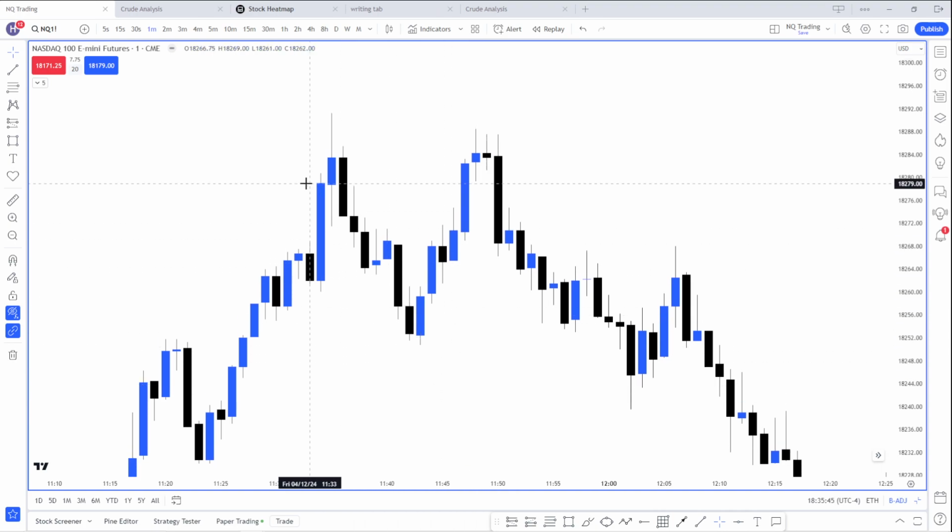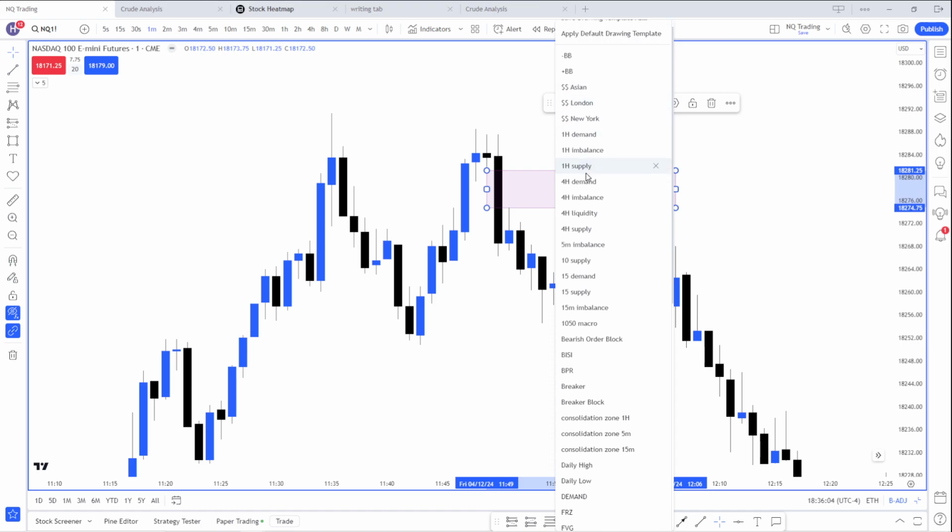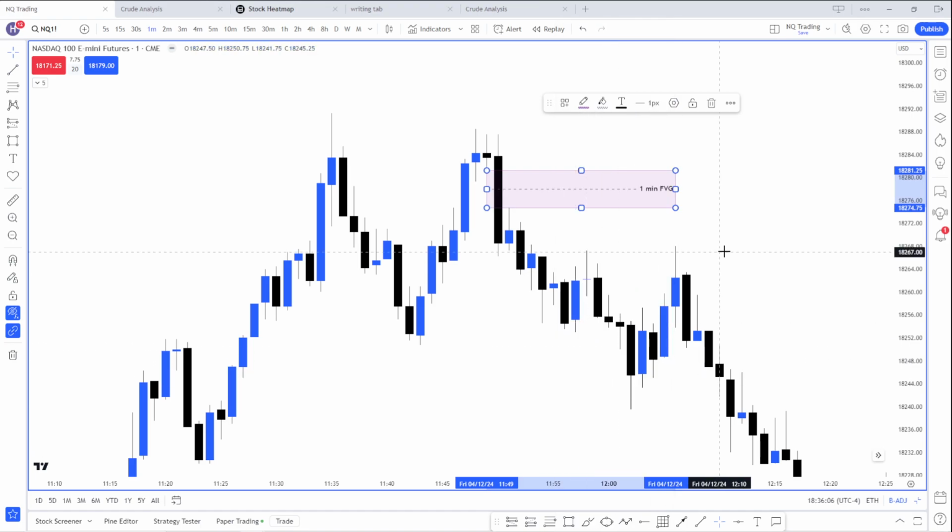We're going to talk about displacement, which is what that candle would be right there, in the next lesson. But if you notice, and I like to use boxes, if we highlight that, that is a fair value gap, and in this case that's a 1-minute fair value gap.